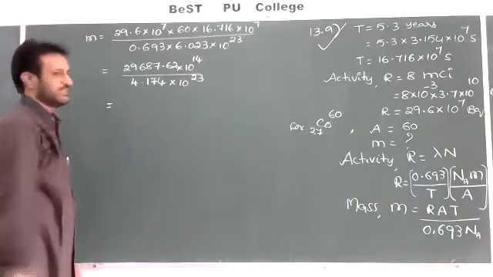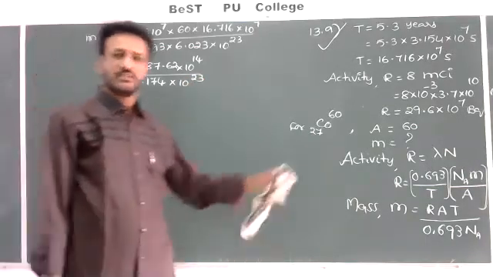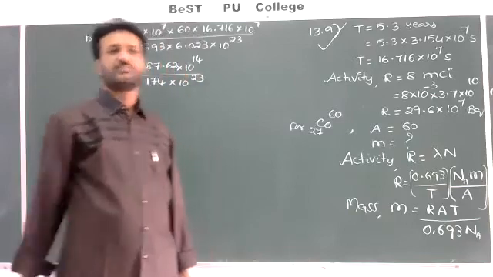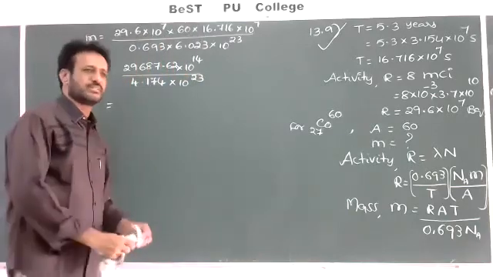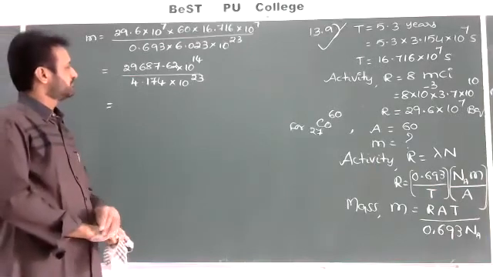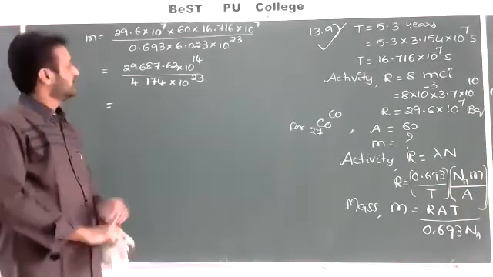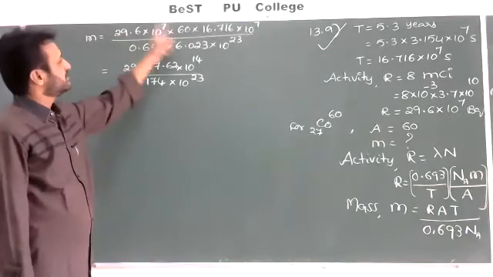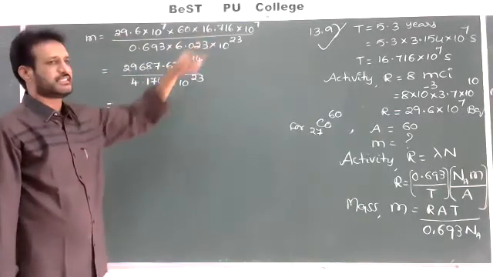Now divide these two values. Check the calculation carefully. If any one mistake is there, the total answer will be wrong. 29.6 into 60 into 16.716.